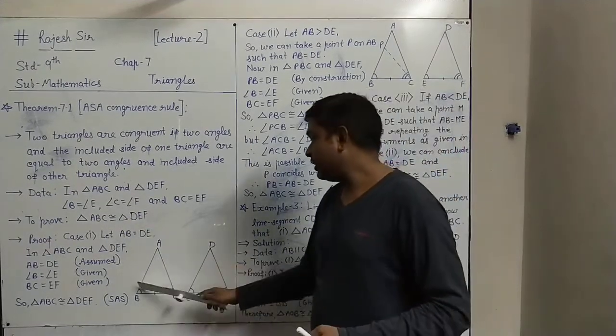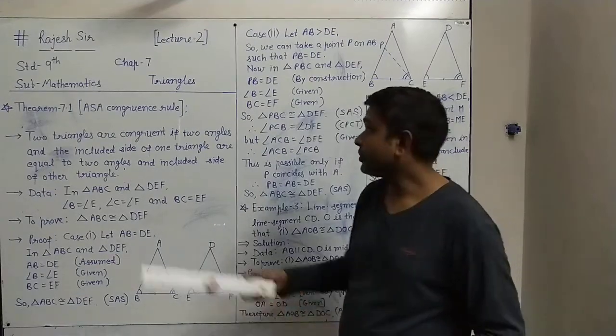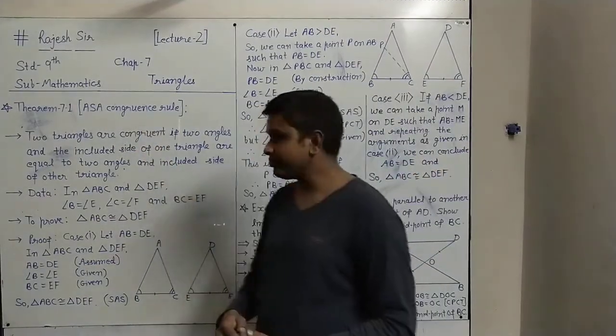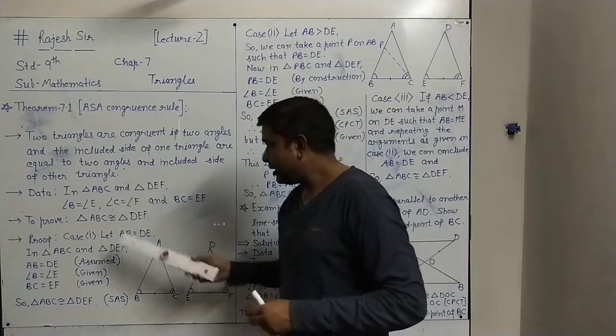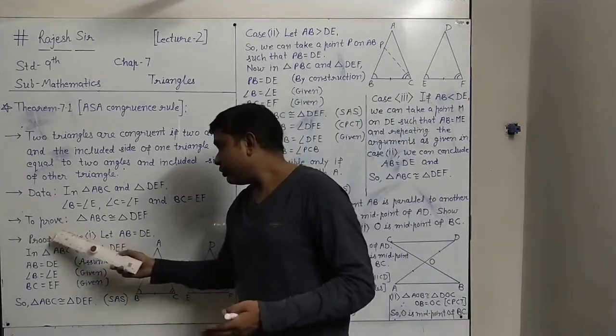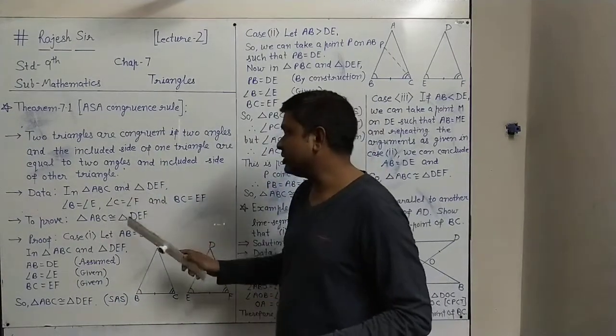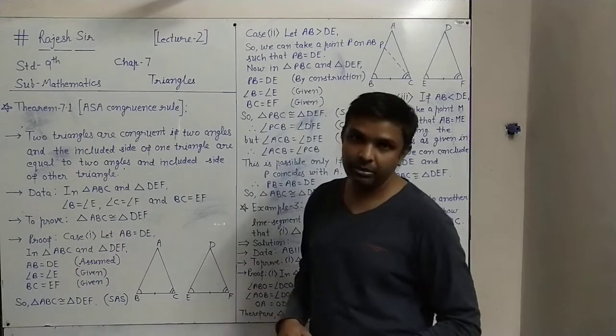By the angle side angle congruence rule. So this is the data we understood from the figure. To prove: triangle ABC is congruent to triangle DEF with these given conditions.